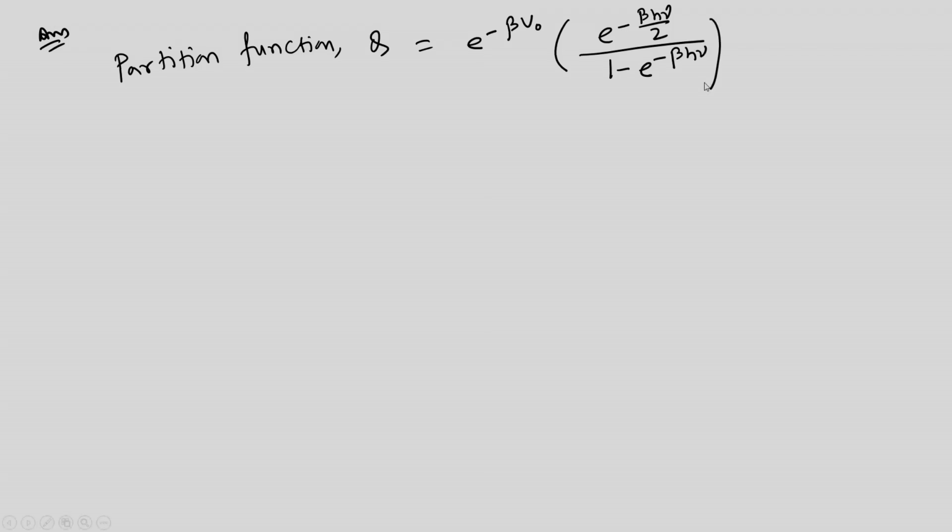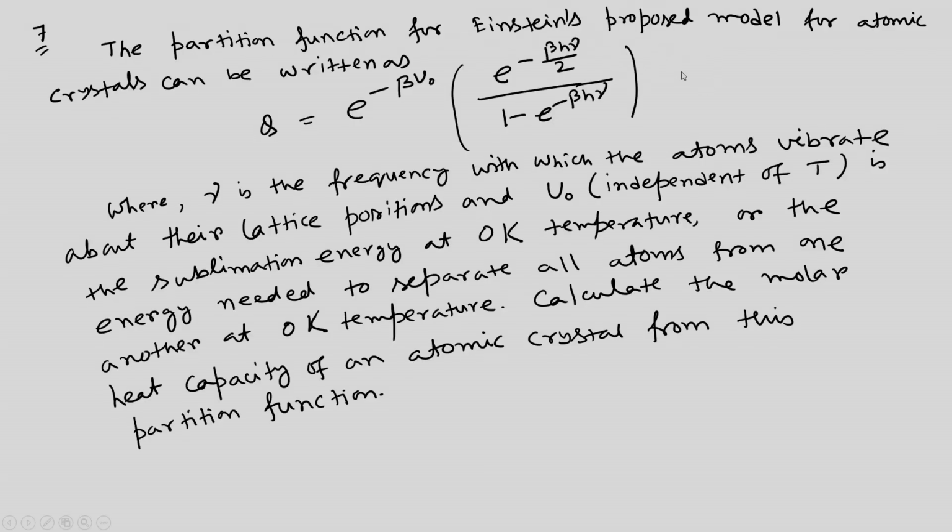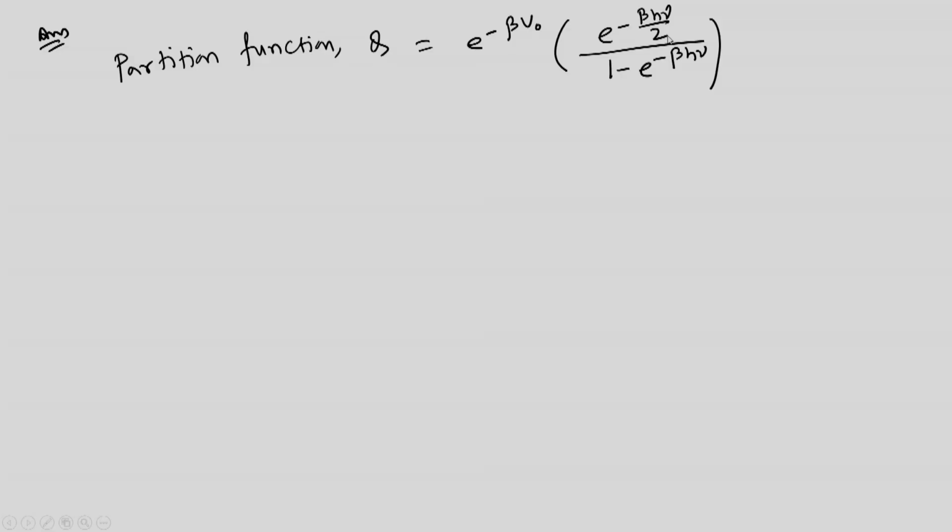What we would do actually, the partition function expression is now little bit modified. So, we use q is e to the minus beta u naught e to the minus beta h nu by 2 by 1 minus e to the minus beta h nu, and the whole thing is powered by n. So, this is the partition function expression.